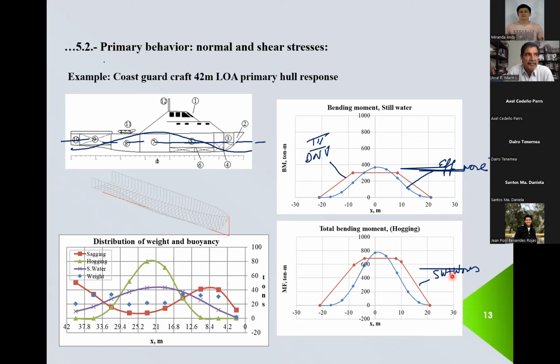But the points are different. I could see that the points are different in the DNV rules. At point 10 it is higher. I mean, you cannot expect to follow exactly this distribution. This is a very simple distribution. It's typical, but the maximum values are very close.